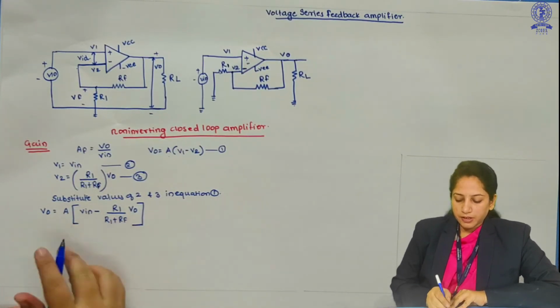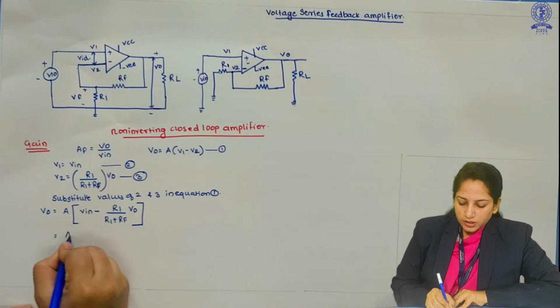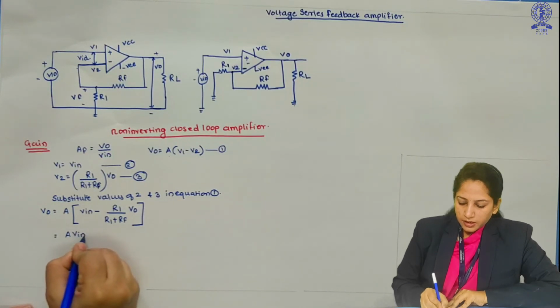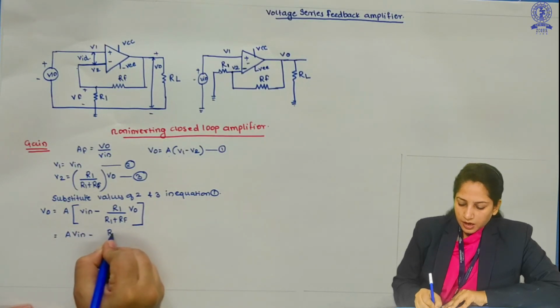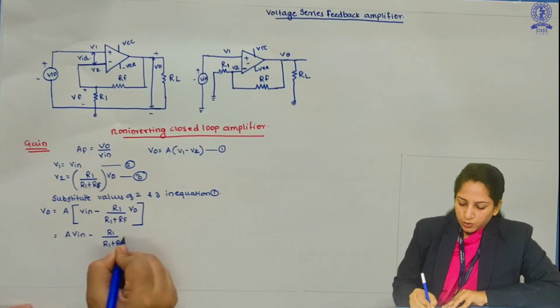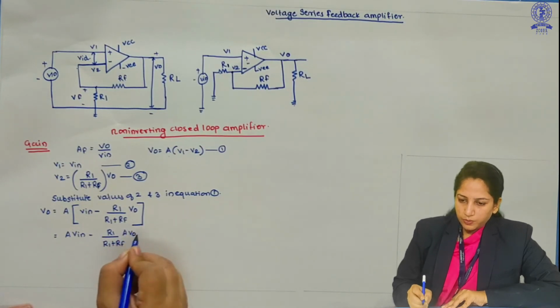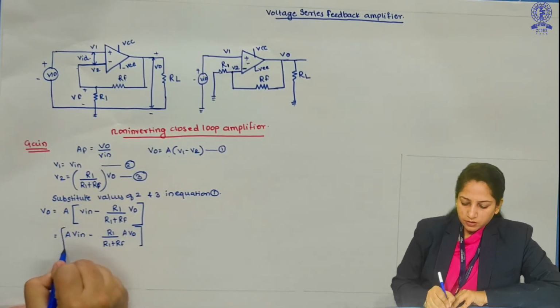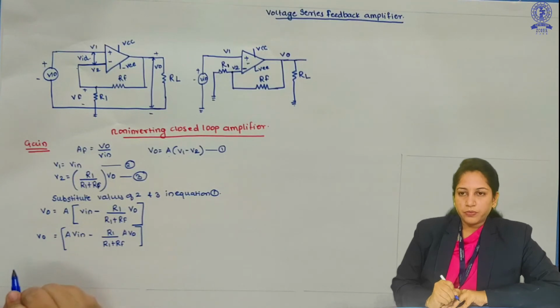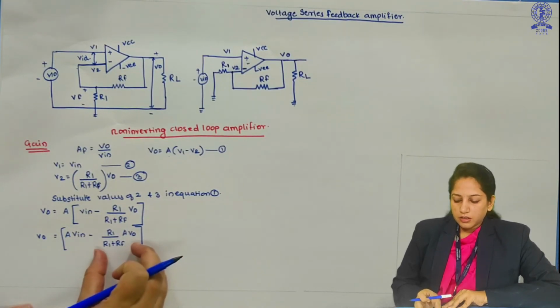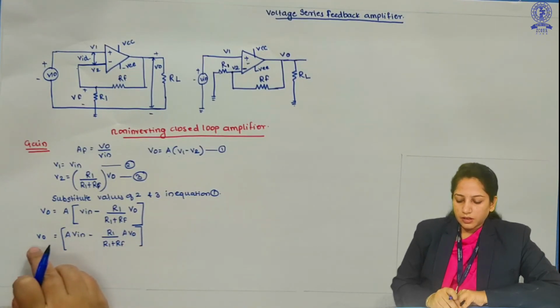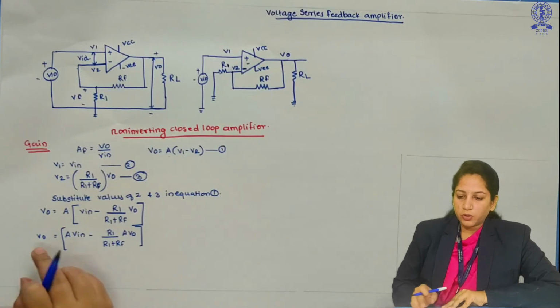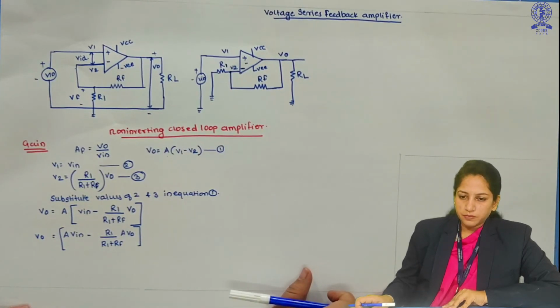Now I will simplify this by opening the bracket, so this will become A V in minus R1 upon R1 plus RF into A V0. This is V0. Now I will take this term at the left side.